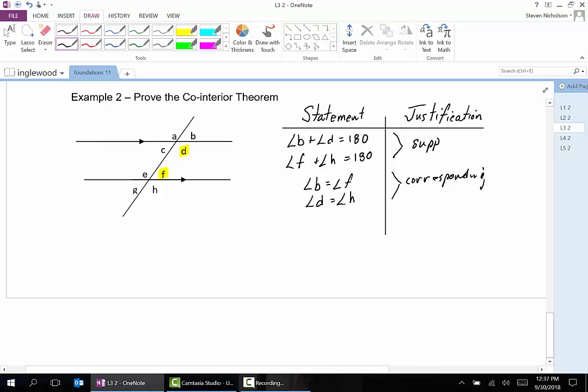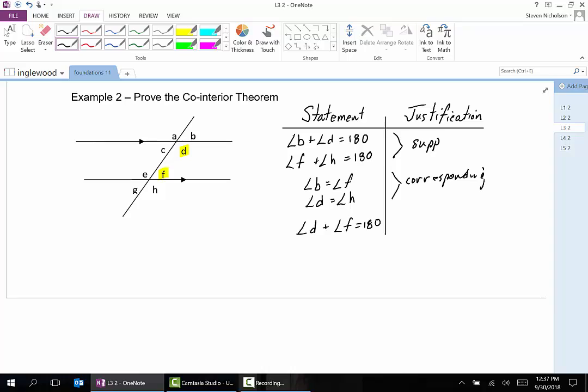And given that that's true, we can simply substitute in, instead of one of the angles above, we can plug the other one. So given that, we can say angle D plus angle F is equal to 180 degrees.